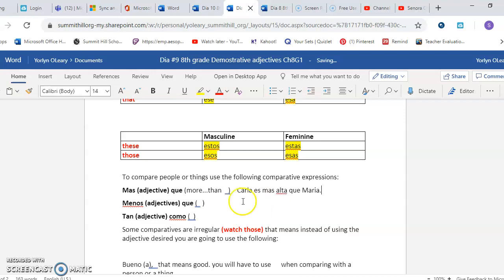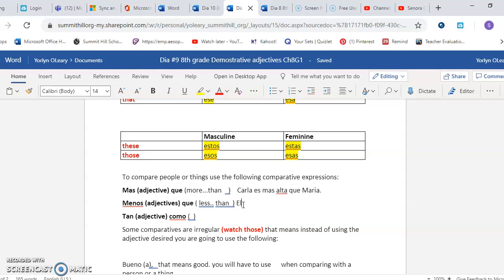Muy fácil, okay? The next one is menos que. If this one is más que, menos que will be less than, okay? So I could compare, let's say, grande, for example. I could say the desk is smaller than my table.